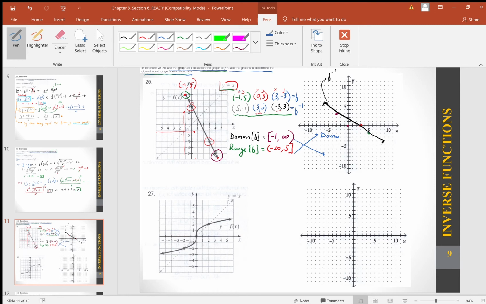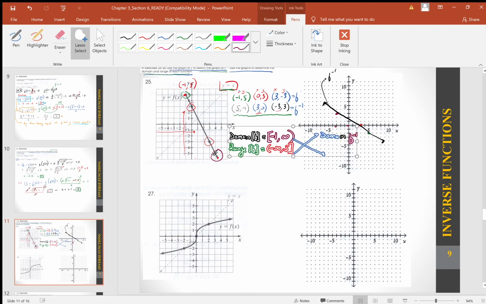So you just want to swap. This is now the domain of your inverse function. Let me just move this down a little bit.